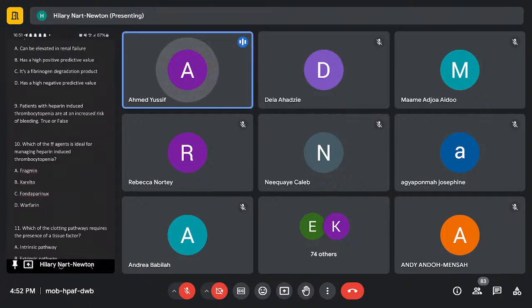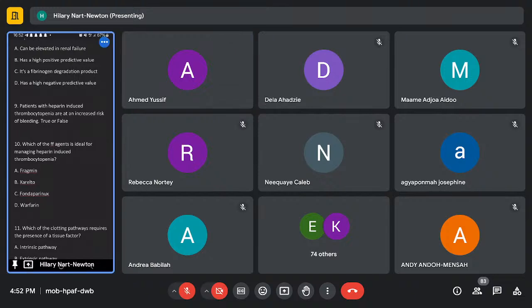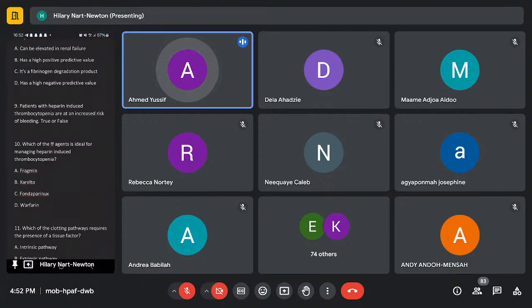Okay, is everyone going for false? Any other opinion? Okay, so that's a false statement.